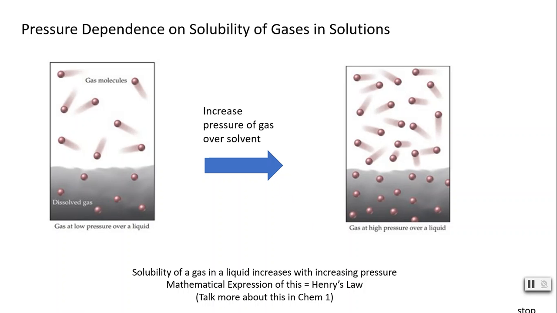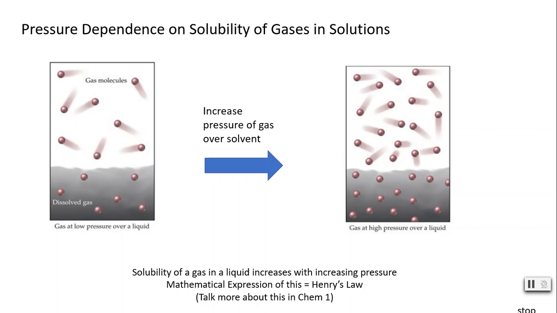But for the exam and for the quiz over this chapter, you just need to know that solubility of a gas in a liquid increases with increasing pressure. So the pressure dependence and the temperature dependence of gas solubility are the two main concepts from section 13.4.